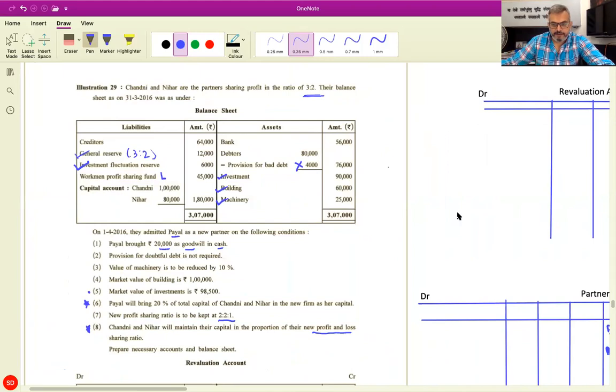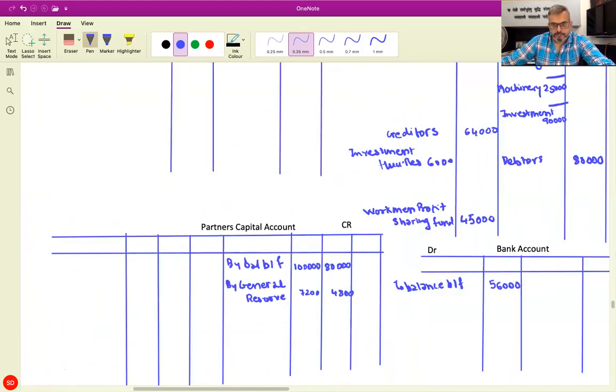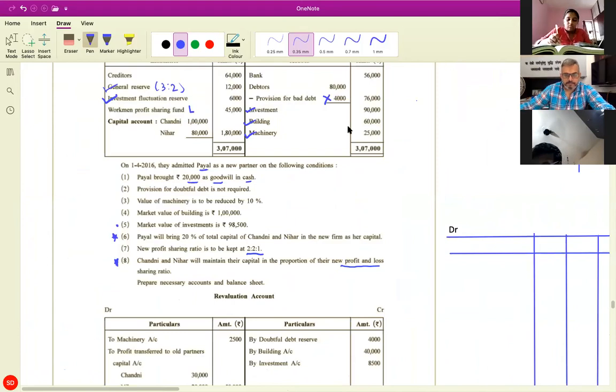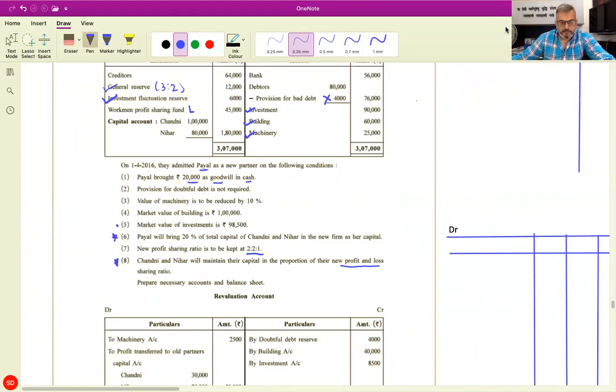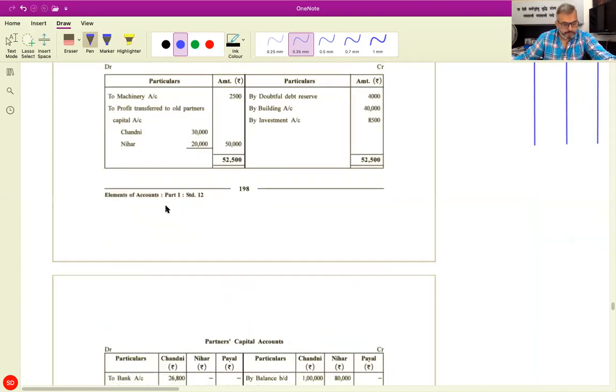If yes, find the sacrifice ratio. Chandni, Nihar, Payal.